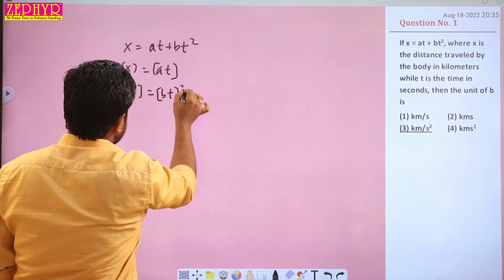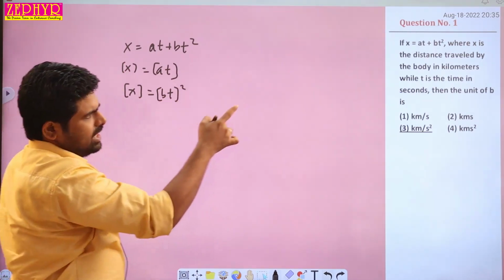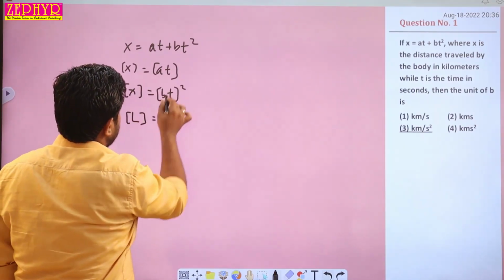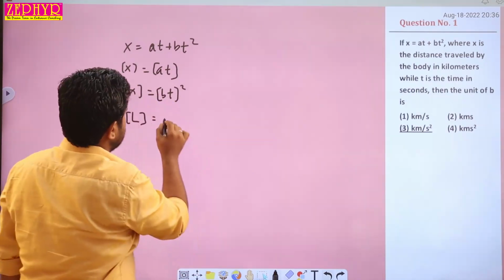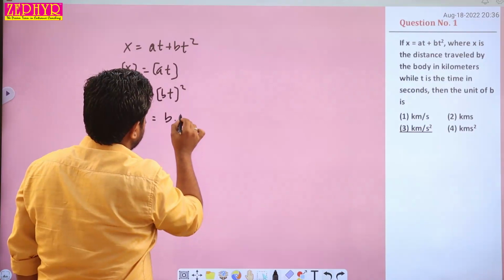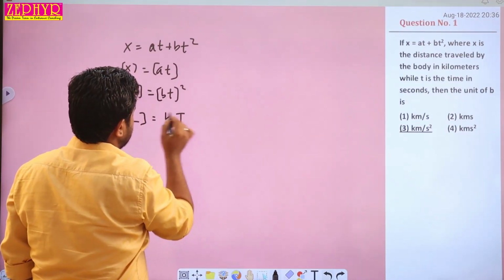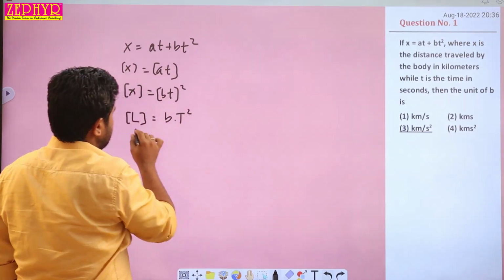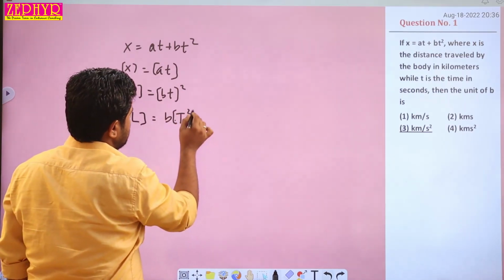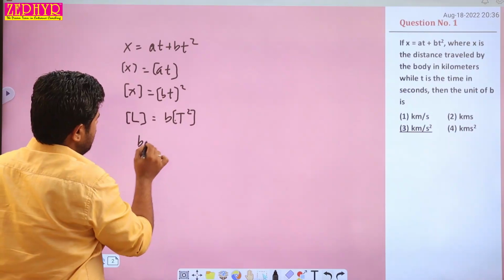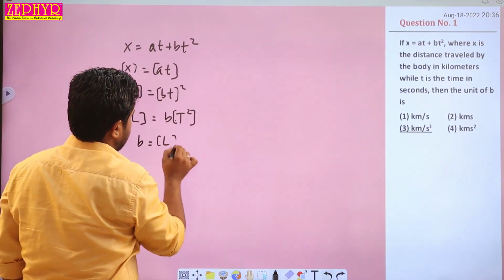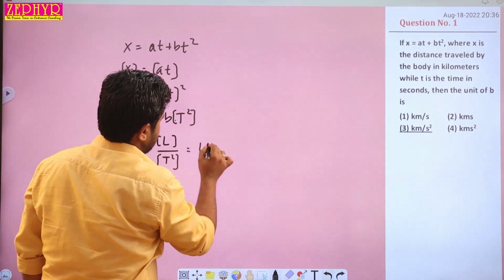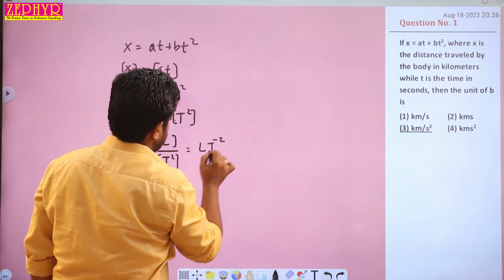Okay. So here x is the distance, so its dimension is L, and bt square means b into the dimension of t square. So now b is equal to L divided by t square, that means L t raised to minus 2.